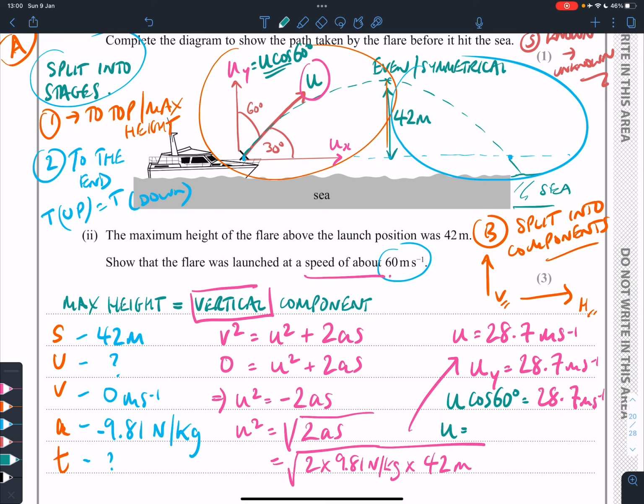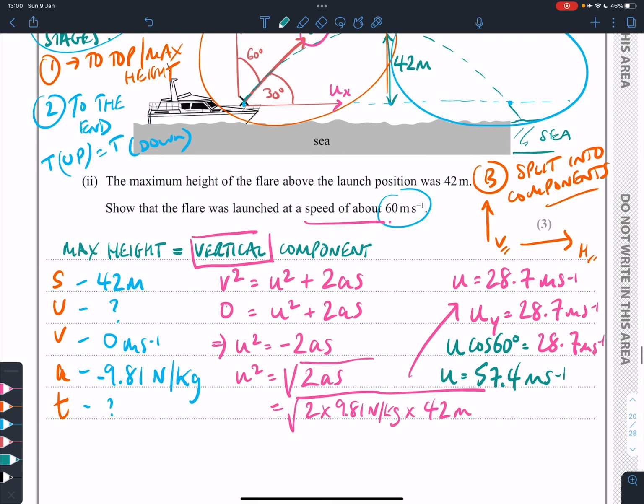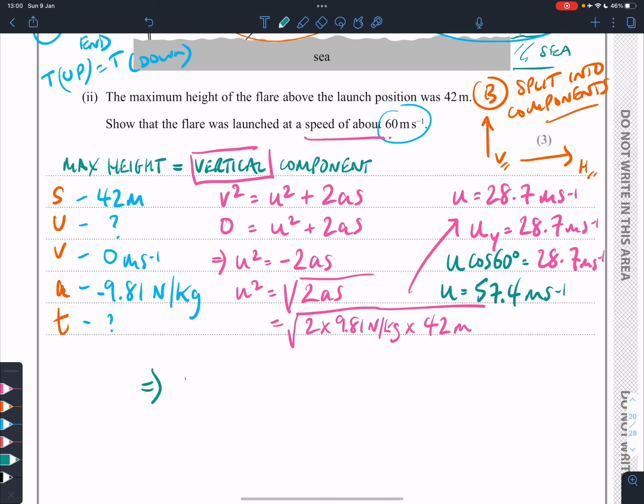Now we should all know that cos of 60 is 0.5, and so that gives us 28.7 divided by 0.5. Well, it's just times by 2, isn't it? 28.7 times 2 is 57.4 meters per second, which is about 60 meters per second. Therefore, U is about 60 meters per second.